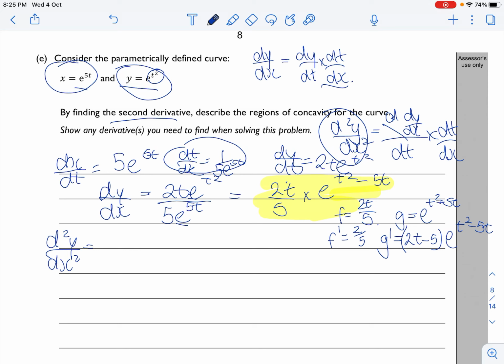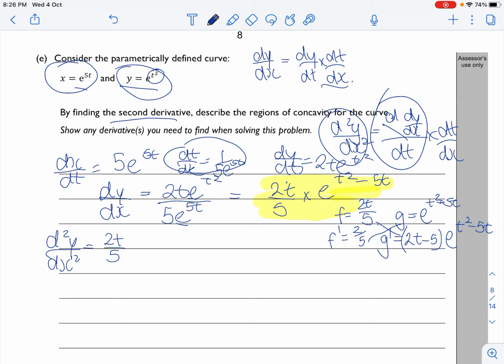Okay, so now we cross multiply those. So we've got 2t over 5, and remember this is just this bit here. But all we have to do then is times it by dt by dx in the end. Okay.